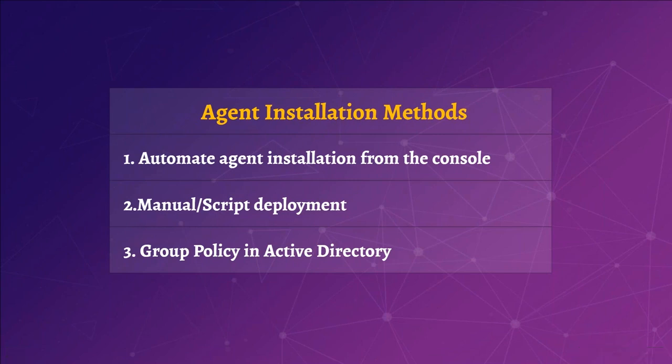First, from the console, you can push the agents to the client machines, or you can download and install the agent manually or by script deployment. Or if you're using Active Directory in your Windows network, you can leverage GPO and deploy the agents. Using Desktop Central, you can manage desktops, laptops, servers, and even Surface devices.